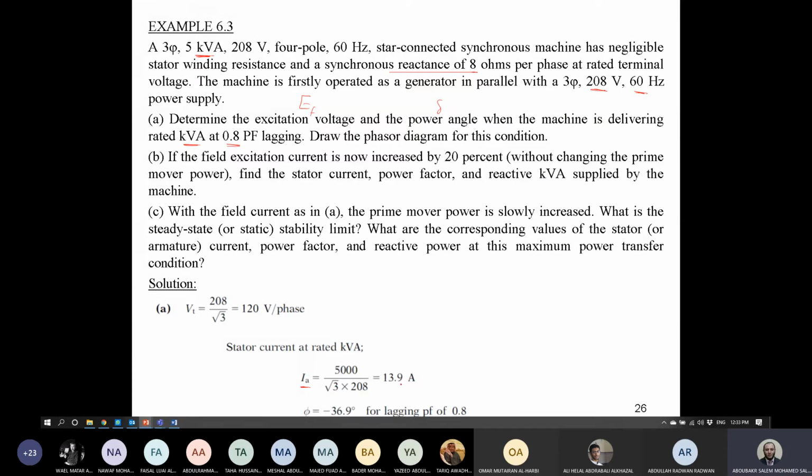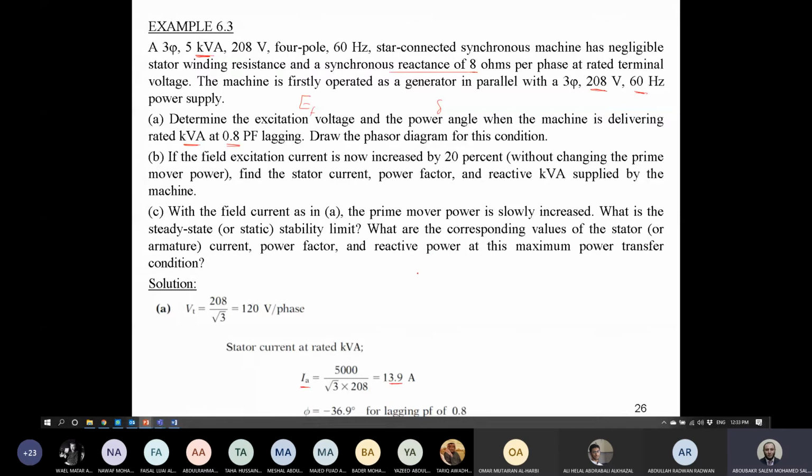So this is, guys, now the value of IA. And it's given also the power factor is 0.8. So we can say phi equals cosine inverse 0.8, which is here minus 36 degrees because it's lagging power factor. But now we have the current magnitude and angle.